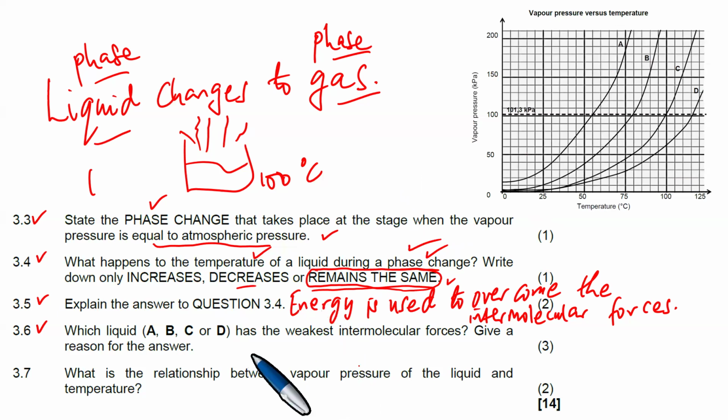Which one, according to the examiner? You see, the examiner is being tricky. He's saying weakest. How do you see the weakest intermolecular forces? The intermolecular forces are the forces that keep this substance together. And at this point, which one is having the weakest ones? So the weakest forces are going to be seen because of the immediate evaporation, immediate boiling.